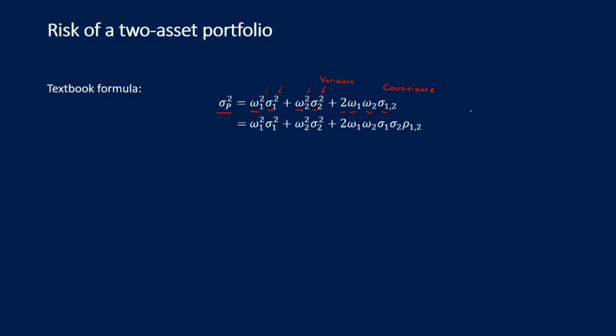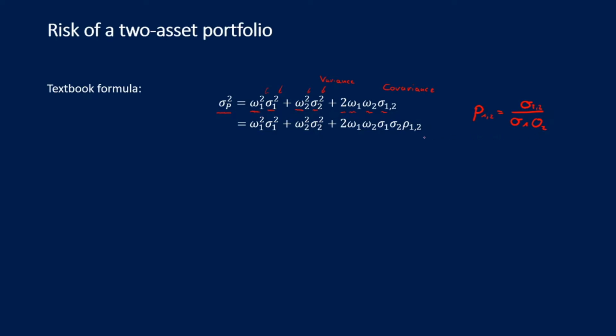Since the covariance and the correlation coefficient are two very similar approaches, we can write down the correlation coefficient between stock 1 and stock 2 as the covariance between stock 1 and stock 2 divided by the standard deviation of stock 1 and the standard deviation of stock 2.